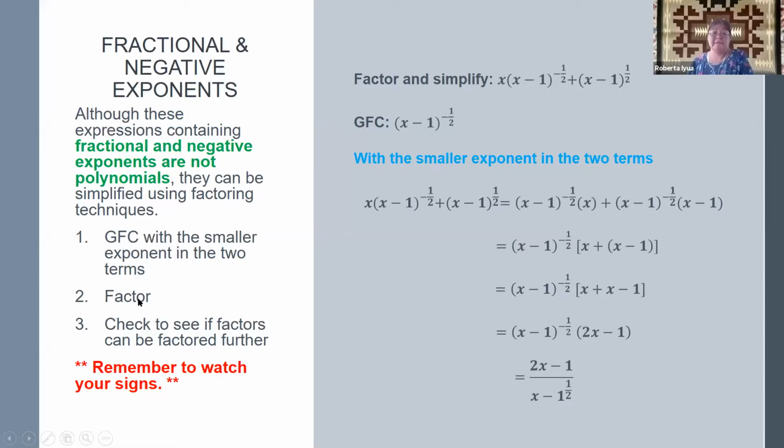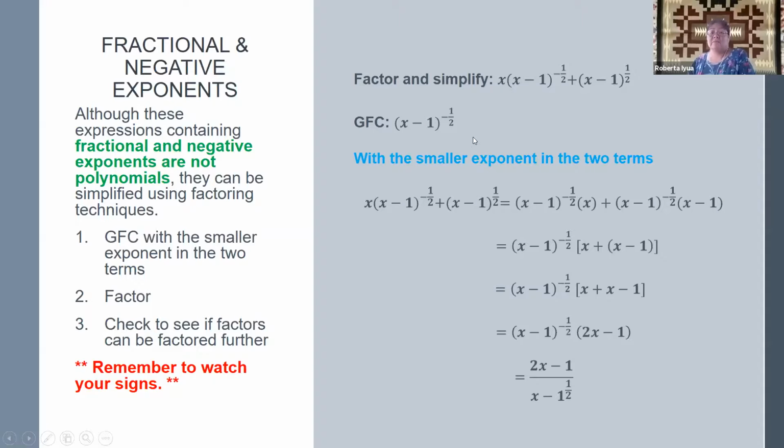And then second, we're going to be factoring. And then we're going to check to see if we need to factor further. So my example in this one is going to be x times (x minus 1) to the negative 1/2 plus (x minus 1) to the 1/2.